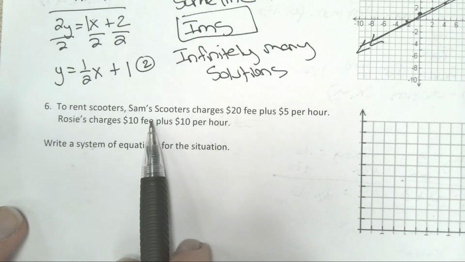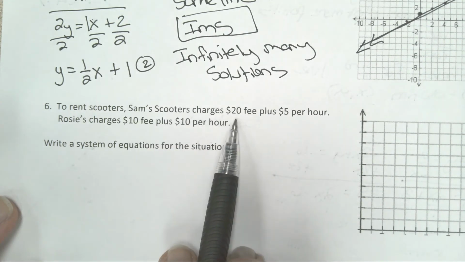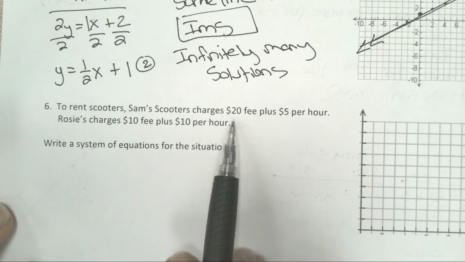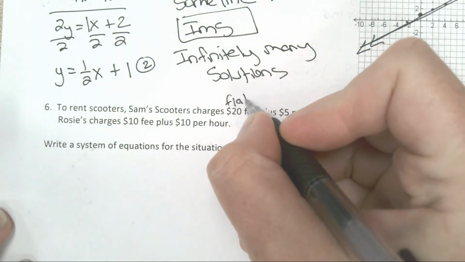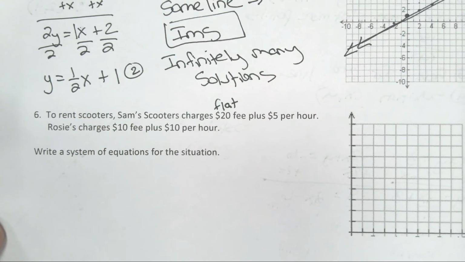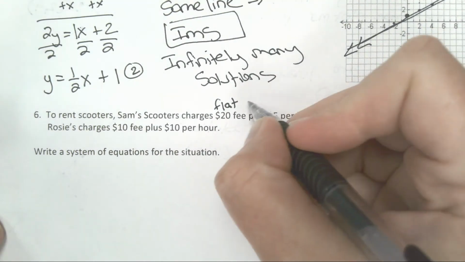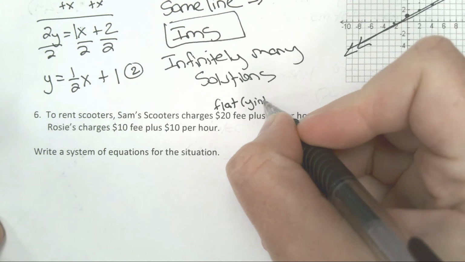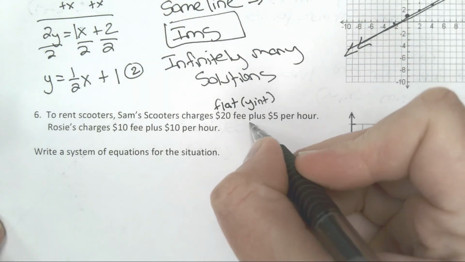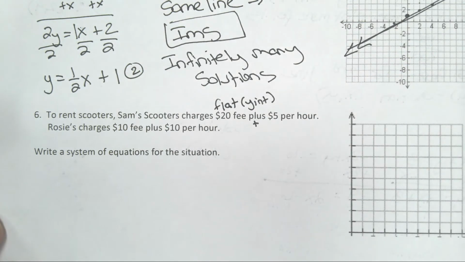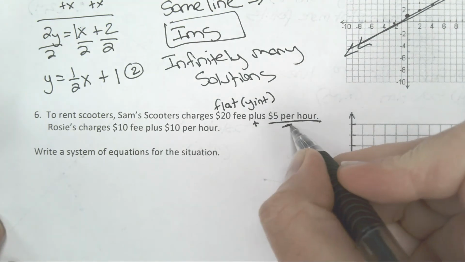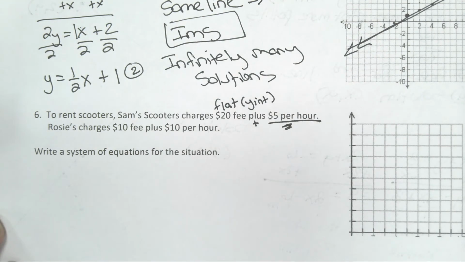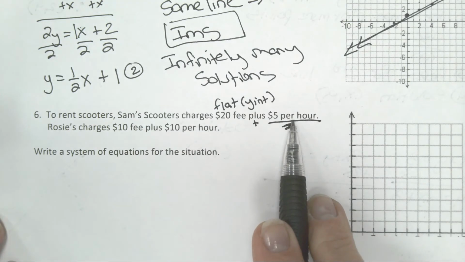All right, so we're going to rent some scooters. Sam charges a $20 fee, so this is a flat fee. Anytime that it's just a plain old fee, that is always your y-intercept. And it says plus $5 per hour. We're looking for "per" means multiply.